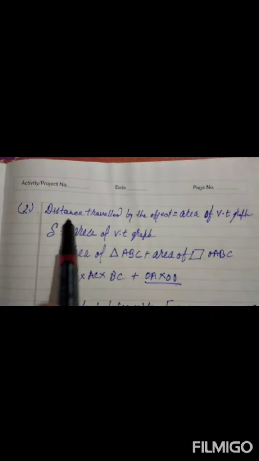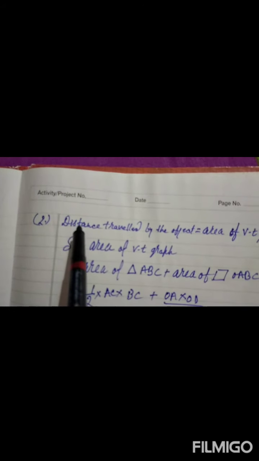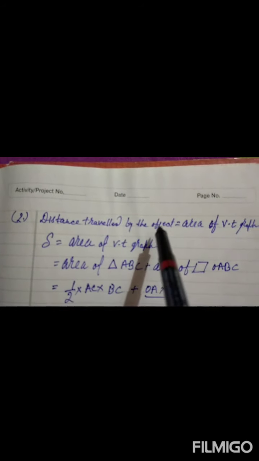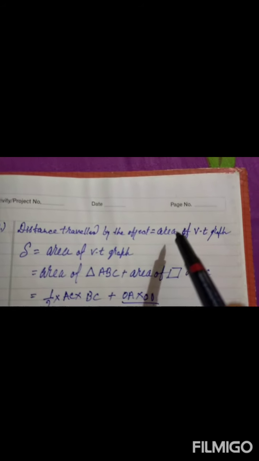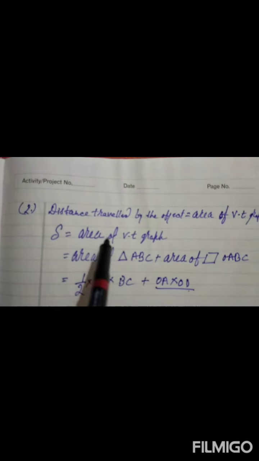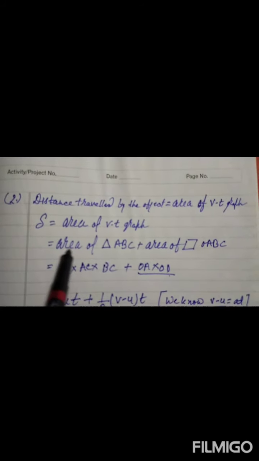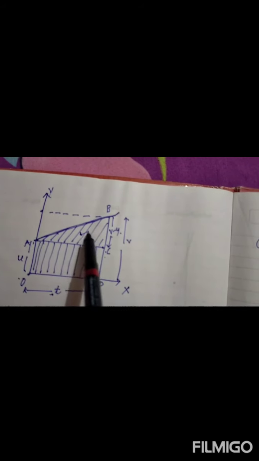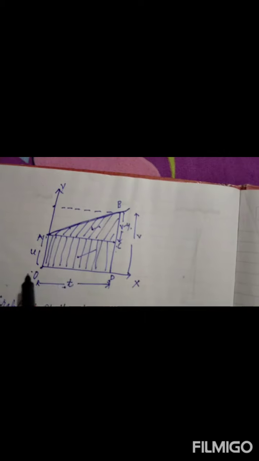Now the second equation. We know that the distance traveled by an object can be calculated by the area of the VT graph. So distance, that is s, equals the area of the VT graph, that is the area of triangle ABC plus the area of rectangle OACD.